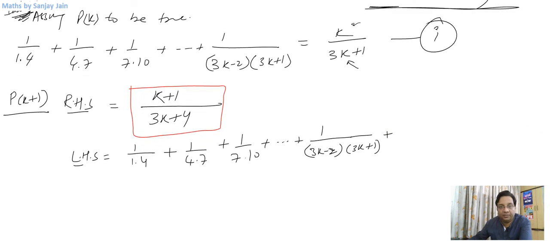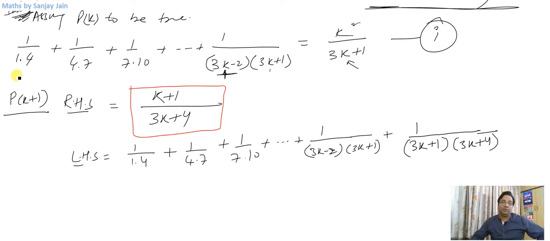Next term will be 1 upon, now this 3k minus 2, if I replace this k with k plus 1, it will become 3k plus 3 minus 2, so 3k plus 1, and this will become 3k plus 3 plus 1, that is 3k plus 4. So this is left hand side of p of k plus 1.